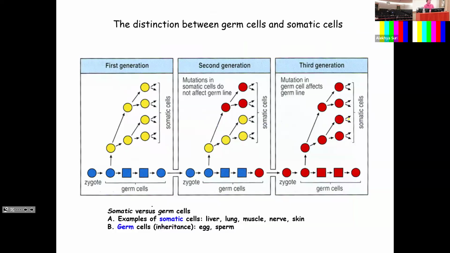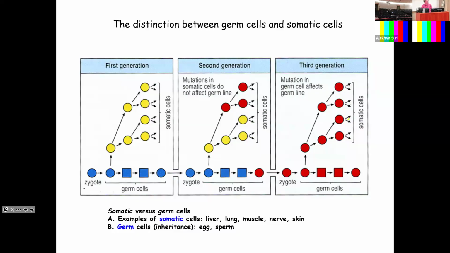Then we have the concept of germ cells versus somatic cells. Here we have somatic cells. And if these cells undergo a mutation, it will not be inherited into the progeny. So this is how somatic cells are defined. There's no inheritance.